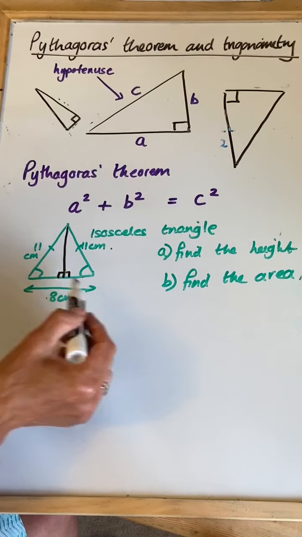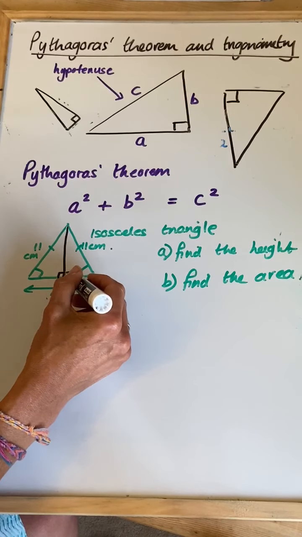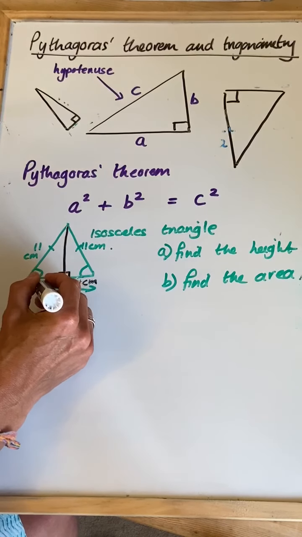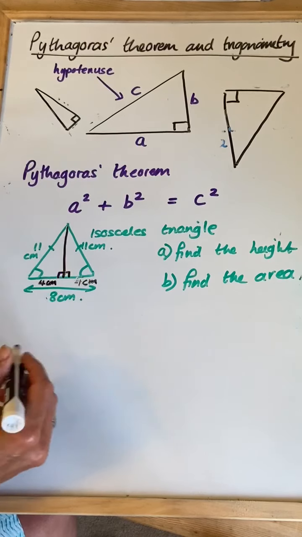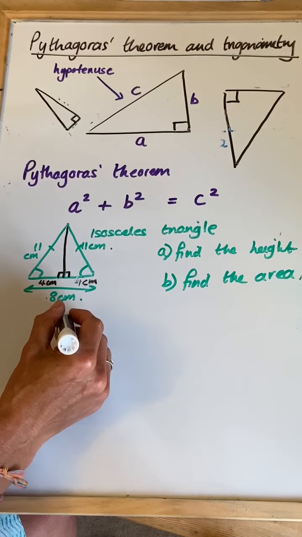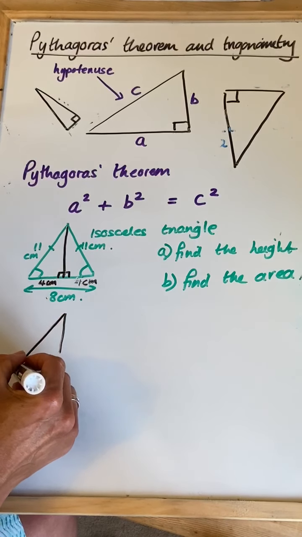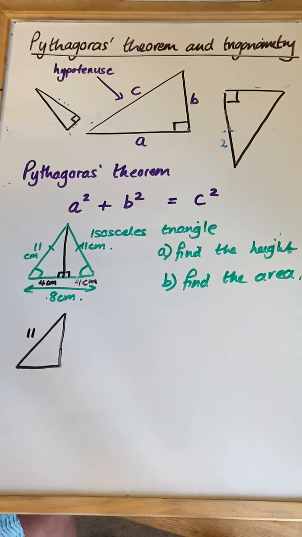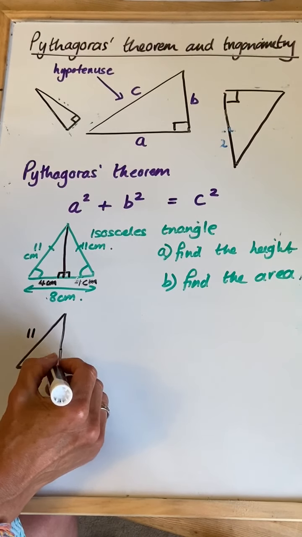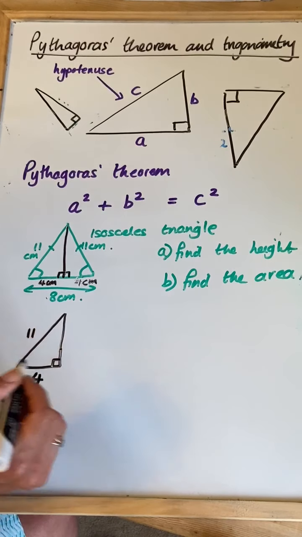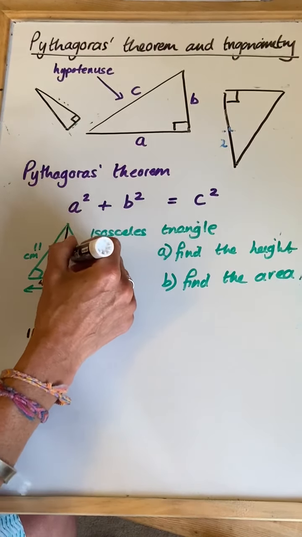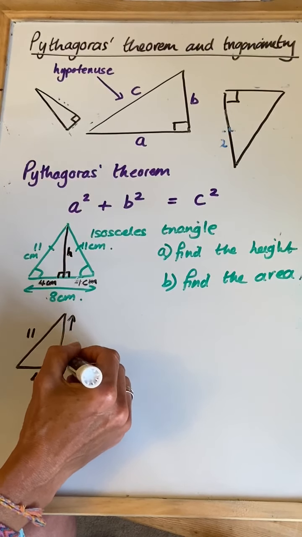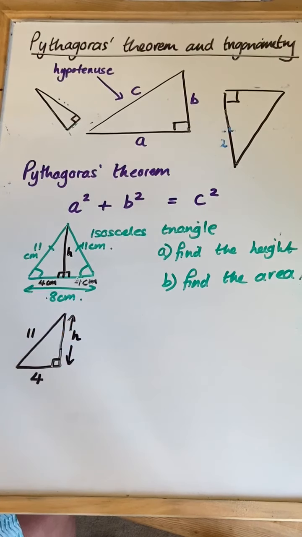So if I split my base, which was 8 centimetres, into half, I've now got a 4 centimetre side there and a 4 centimetre side there. So that means that I've basically got two triangles, and I'll just draw them separately, that are right-angled triangles with a length there that's 11, length there that's 4, and this is the height of my triangle, and that's the thing that I'm going to look for in part A of my question.